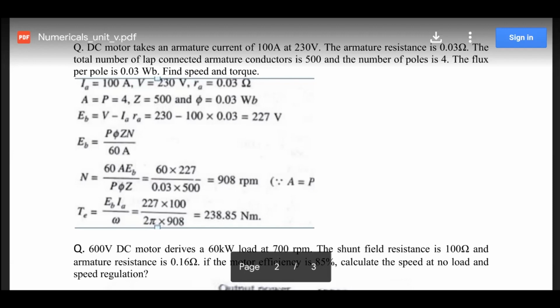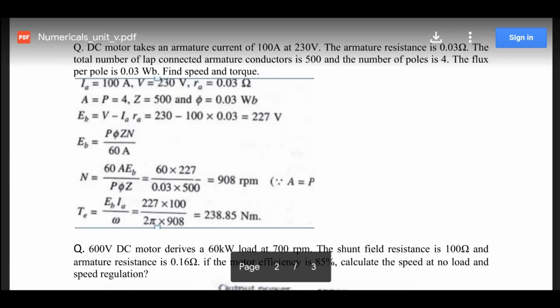So either you can convert this 908 rpm into angular velocity by multiplying it by 2 pi, so the units become radians per second. Or when you are applying this formula, because this omega is 2 pi n, okay, so 2 pi into 908.